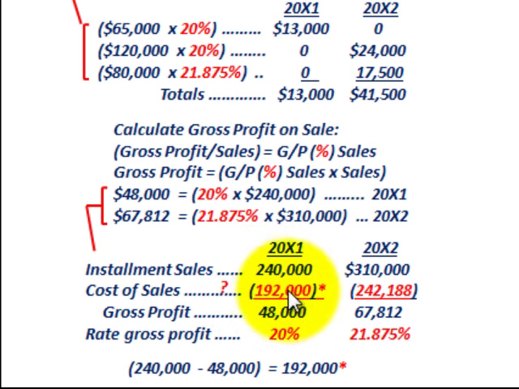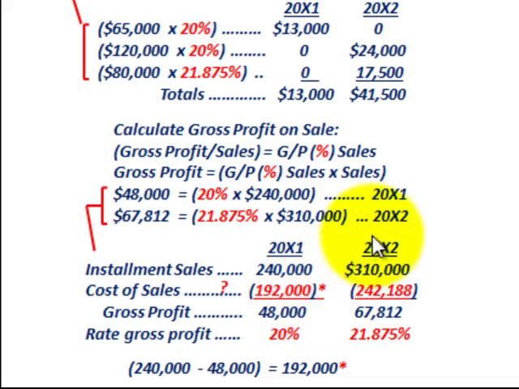So the only point is, knowing our installment sales of $240,000 and our gross profit of $48,000 for year 20X1, the difference gives us our cost of sales, $192,000. So just plugging it in, you can determine what your cost of sales are if they're unknown, based on your known amounts of installment sales and the gross profit for the year.